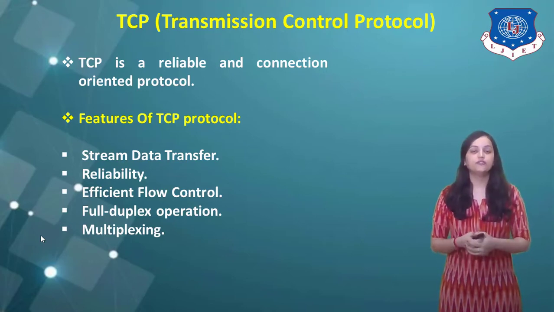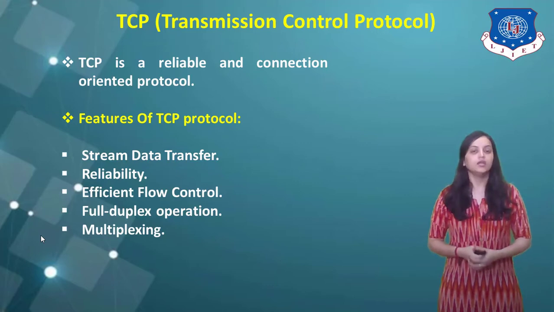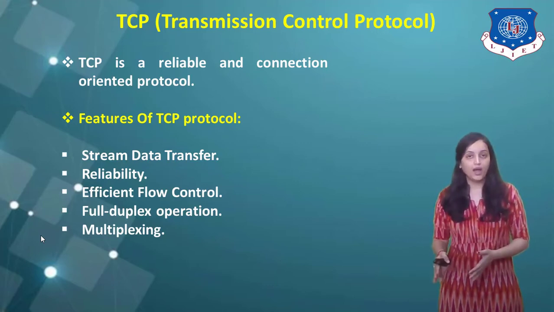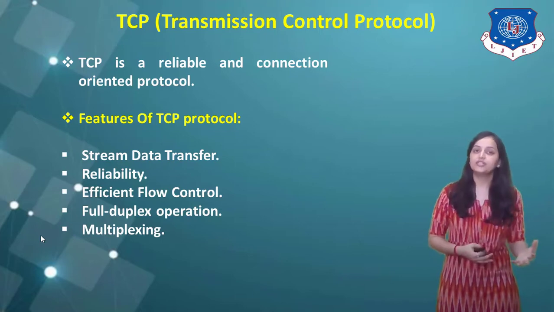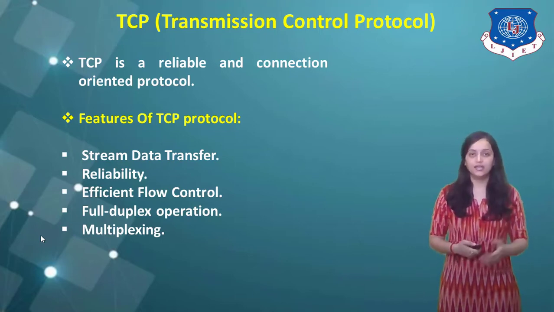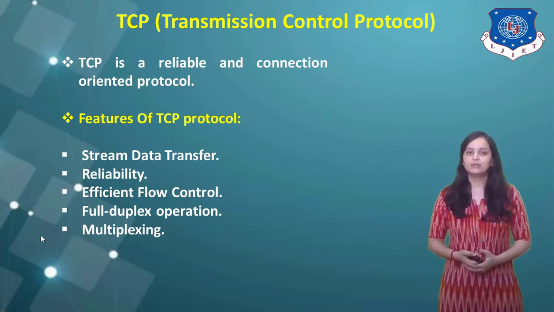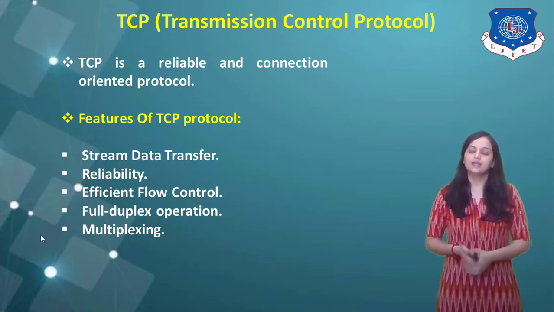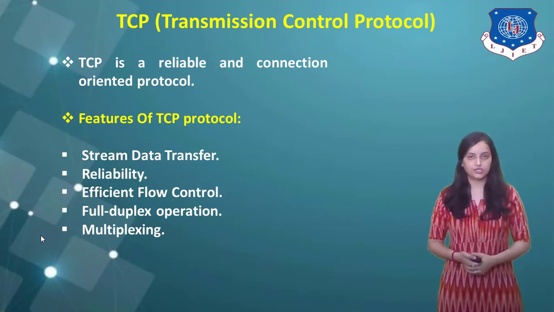After that, efficient flow control is there. Flow control is a very important parameter. It is required to ensure that whatever data is transferred is received correctly and delivered in order. So TCP provides that efficient flow controlling mechanism. Next one is full duplex operation.